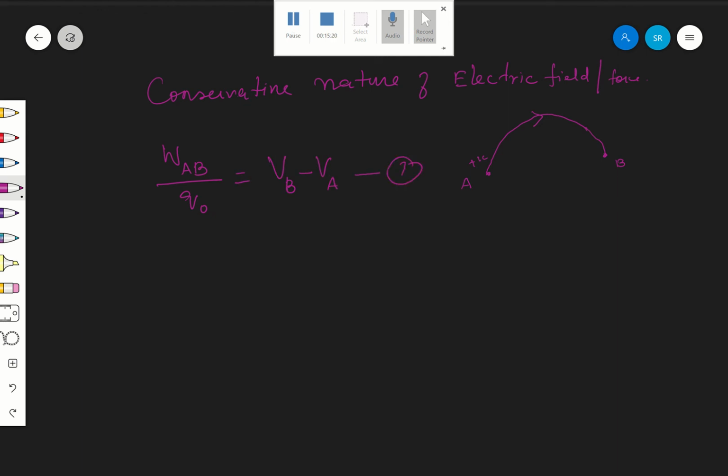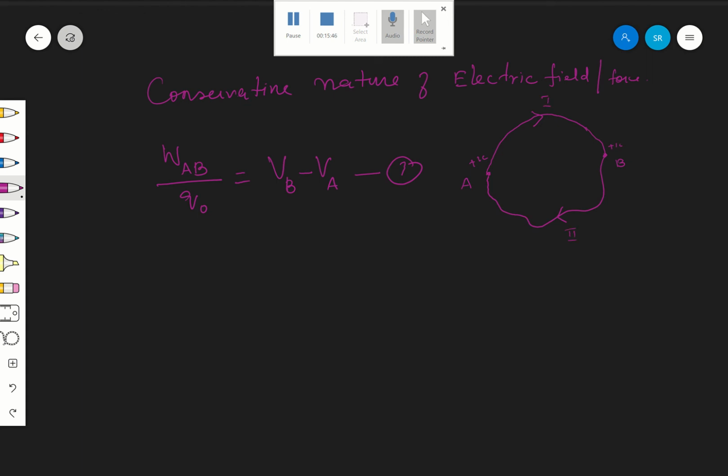Similarly, I am going to bring this unit positive charge, which is now here, from B to A. Let me take some other path, because I told you there is some other path. Let this path be path 1 and this be path 2.